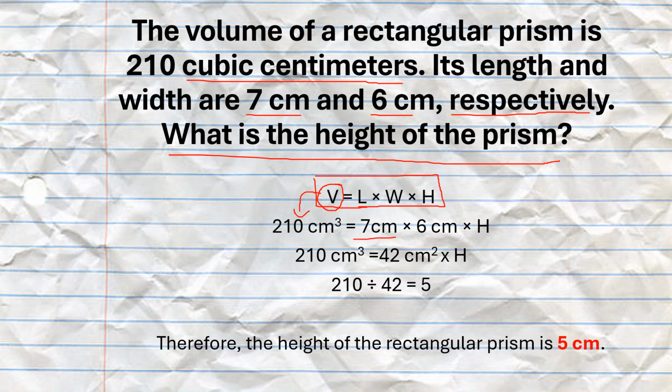The length is 7 centimeters and the width is 6 centimeters, while the height is missing. We now multiply 7 by 6. The answer is 42 square centimeters. After that, we divide 210 by 42. Therefore, the height of the rectangular prism is 5 centimeters.